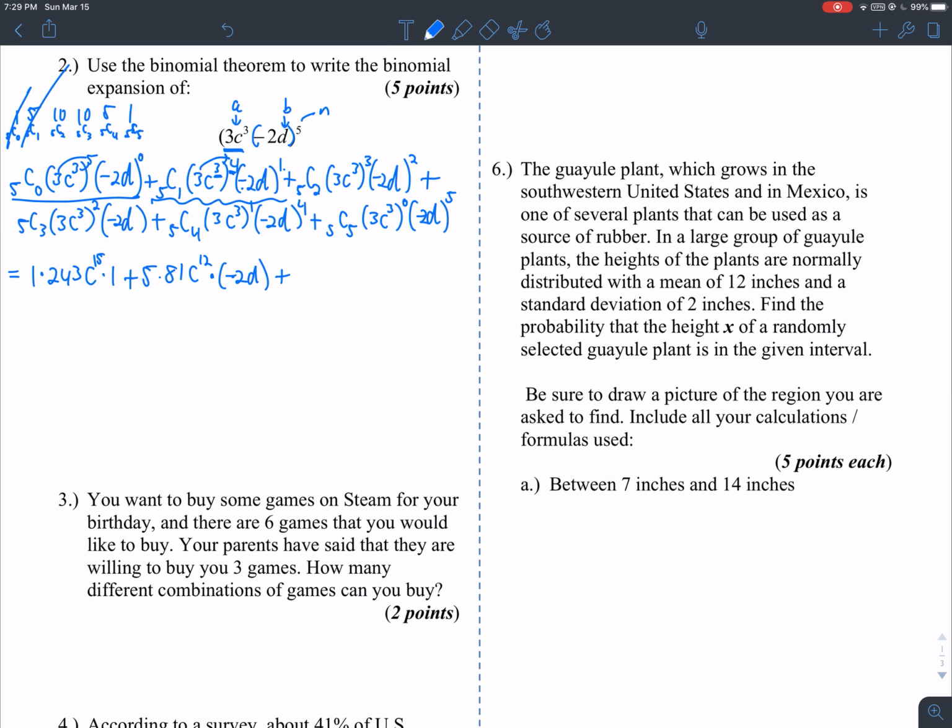Next one is 5 choose 2, 5 choose 2 is 10, and then 3 cubed is times 27, and c cubed squared is c to the 9th power. Okay, and then times negative 2 to the 2nd, that's a negative squared, which is positive 4.